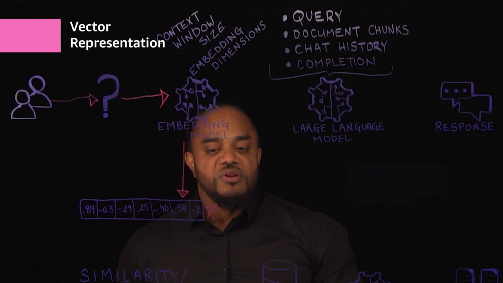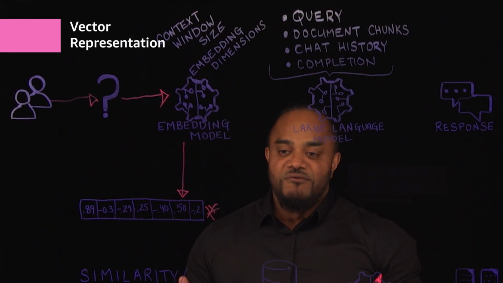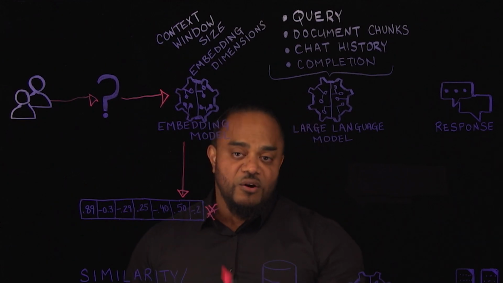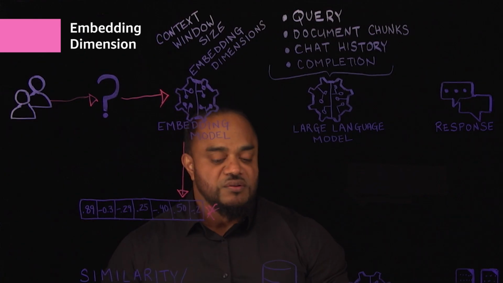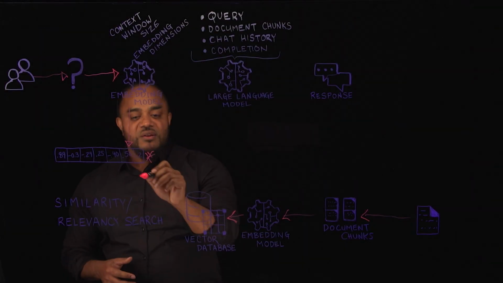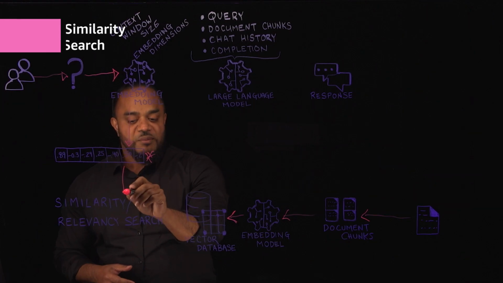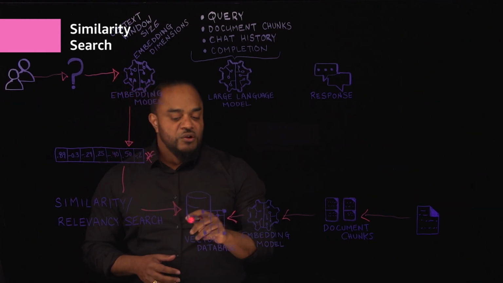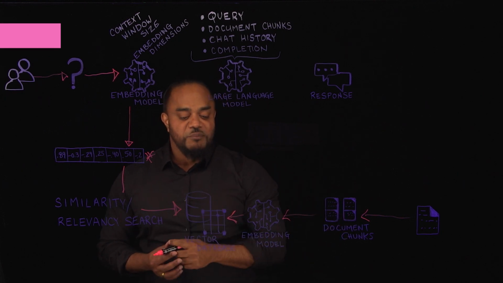Think of it as an array with a series of floating point numbers. The amount of numbers contained in that array is referred to as the embedding dimension for a model. And once this vector representation is done, a similarity search is performed with your query against the document chunks within your vector database.